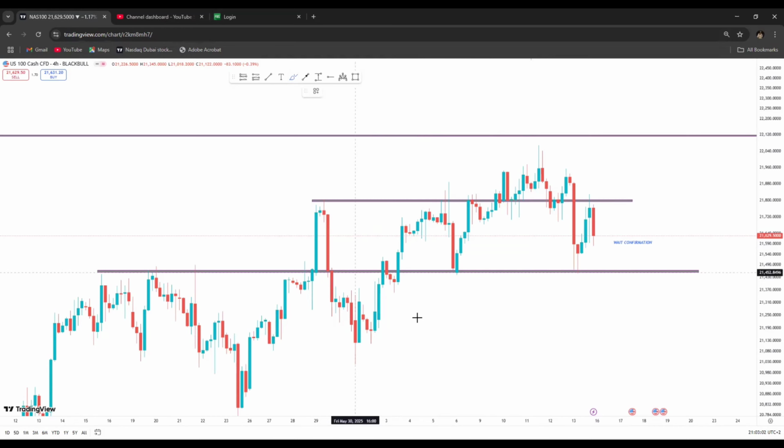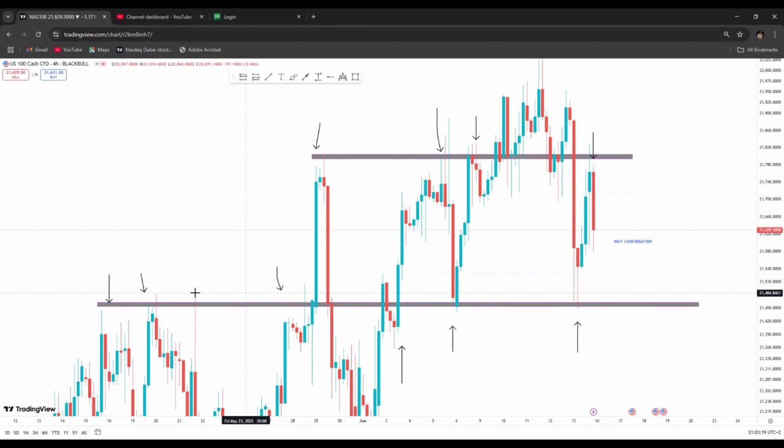So remember that this is our current price resistance, right? And this was our previous resistance, which is now turned into our new support.